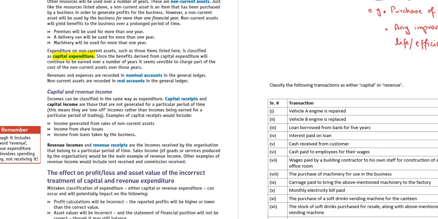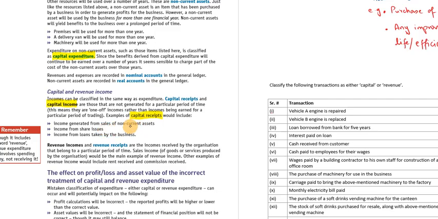And what is capital income? Capital income is not generated for a particular period of time. It will be a one-off income. So we can receive or earn this income occasionally, not randomly. So capital receipt or capital income includes income generated from sale of non-current assets.